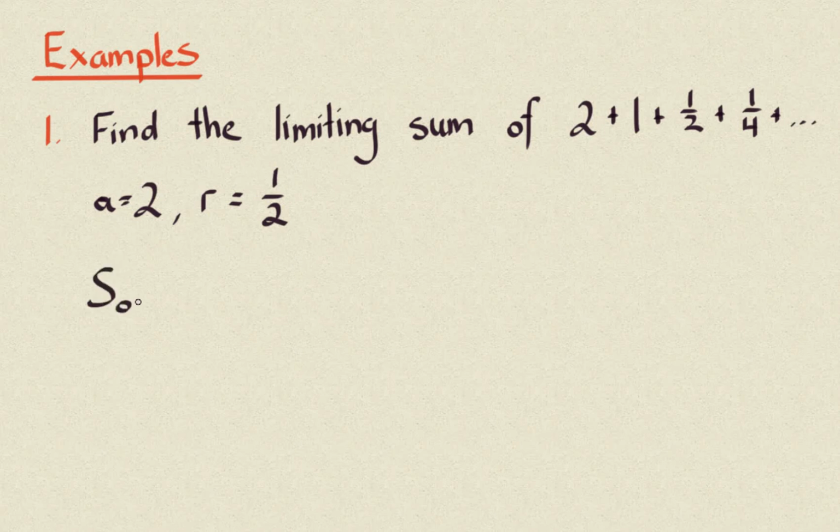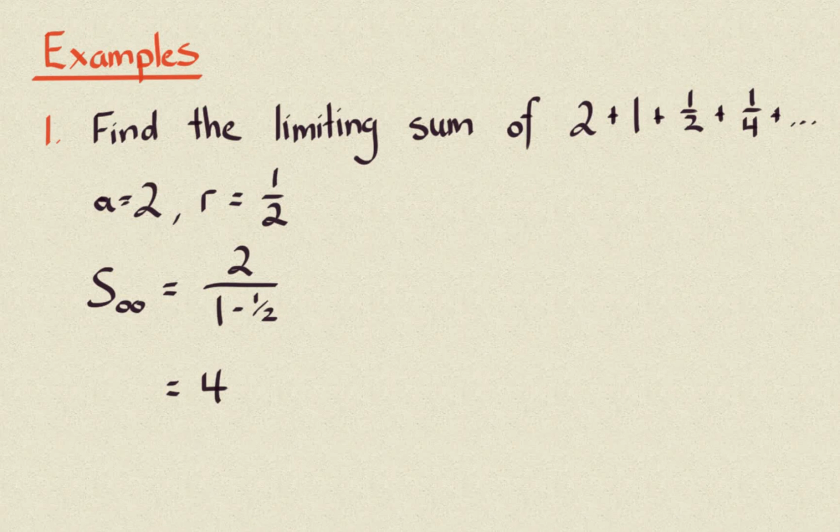So the sum to infinity equals a over 1 minus r, which is 2 over 1 minus 1/2. 1 minus a half is just a half, and how many halves are there in 2? There are 4. So that is our sum to infinity, or our limiting sum.